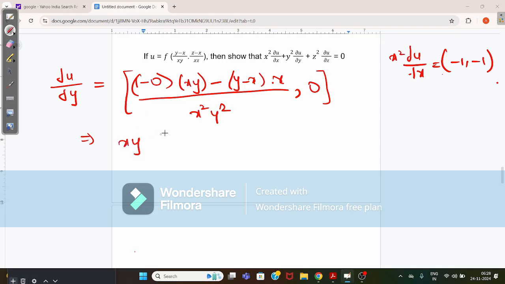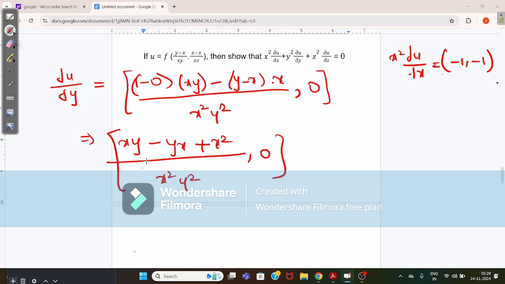Multiply xy minus yx plus x square by x square y square, comma, 0. So cancel this out. This value becomes x square by x square into y square, comma, 0. This value gets cancelled out.